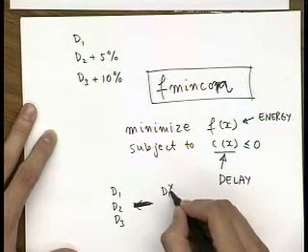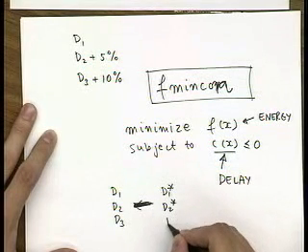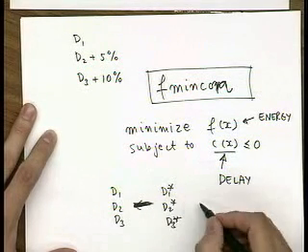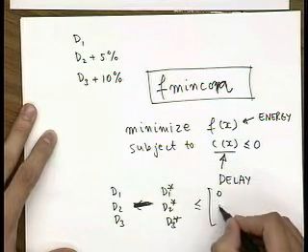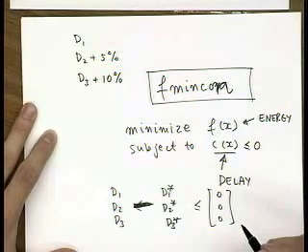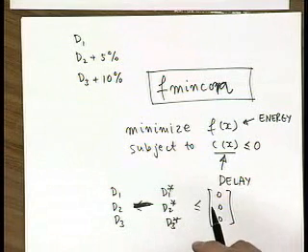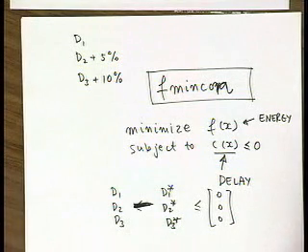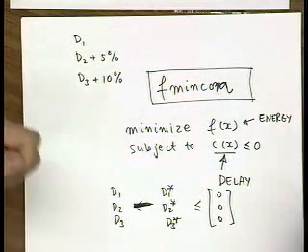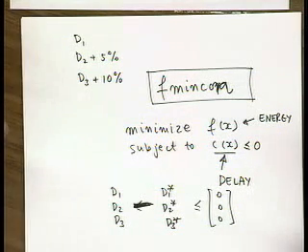So you need to have another function now. You have two functions in MATLAB: one would be your energy and one your delay, and you just constrain them. And then finally, when you do all of this, you figure out your optimum sizing.